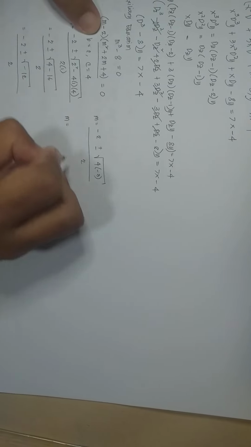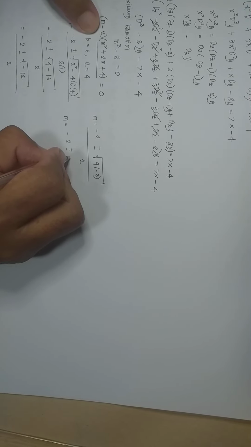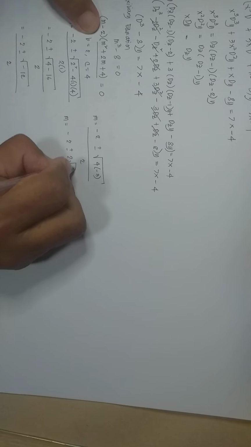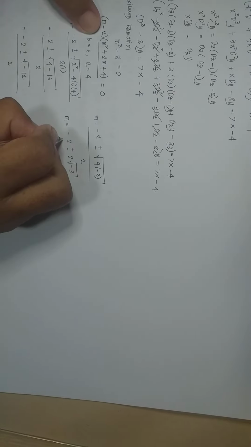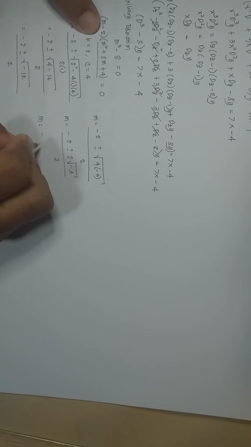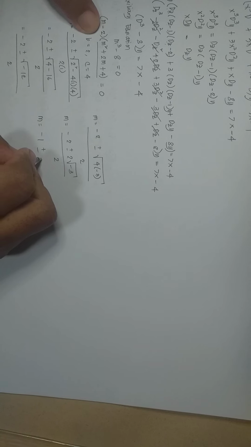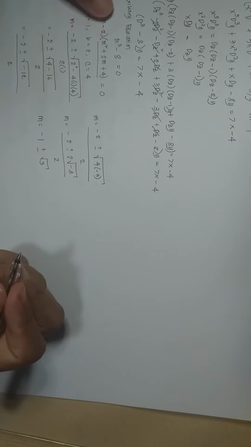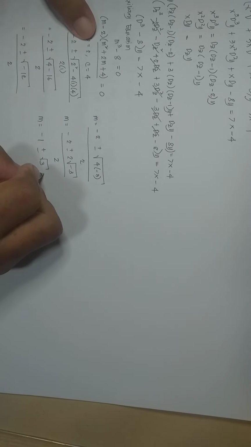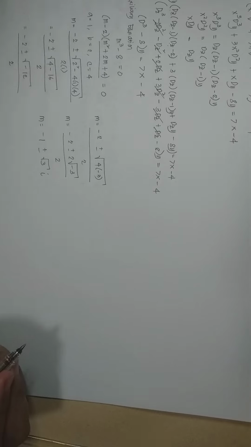Or your m is equal to negative 2 plus and minus 2 times the square root of negative 3 all over 2. Or your m is equal to negative 1 plus and minus the square root of 3 times the square root of negative 1, that is equal to i. So that will be your other root.